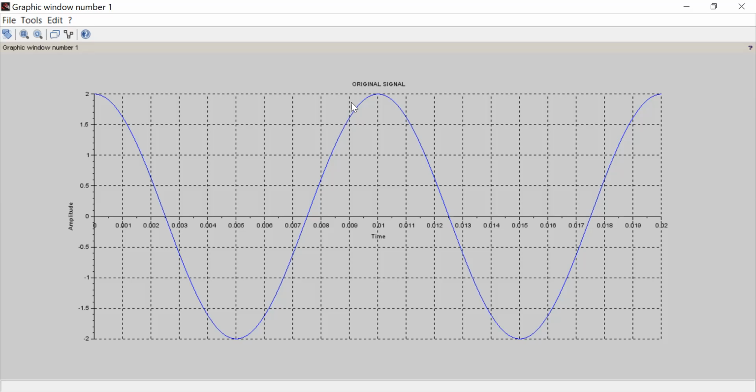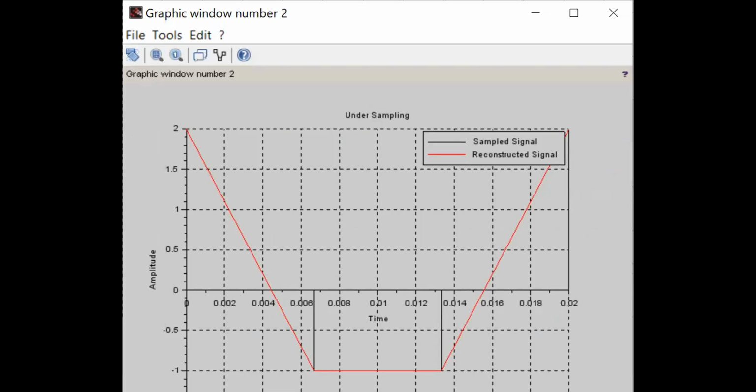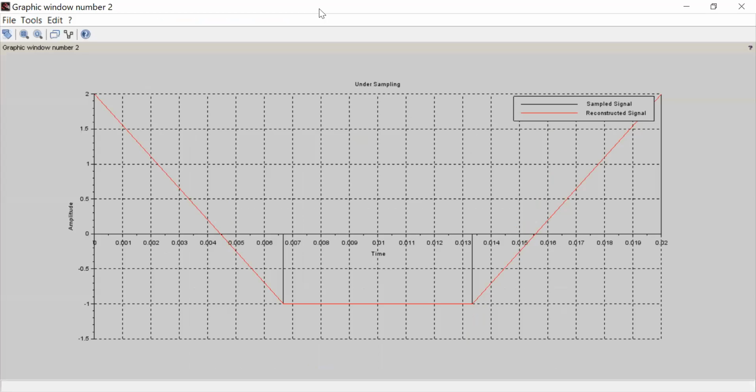Okay, next is the undersampled waveform. How we are getting the undersampled waveform is this one. This is undersampled when fs is less than 2 fm. Undersampling is done with fs equal to 3 by 4 of 2 fm.